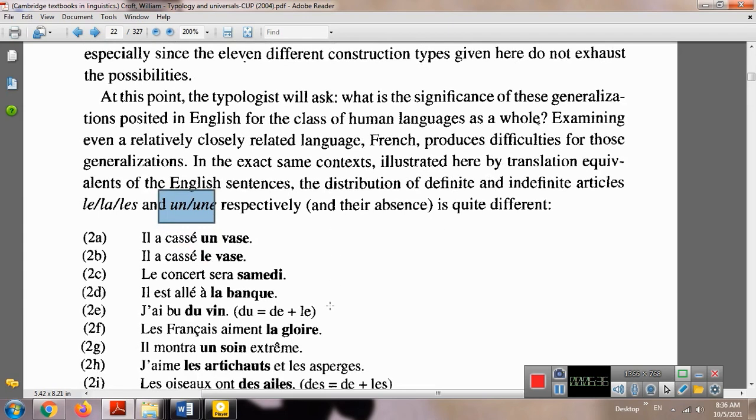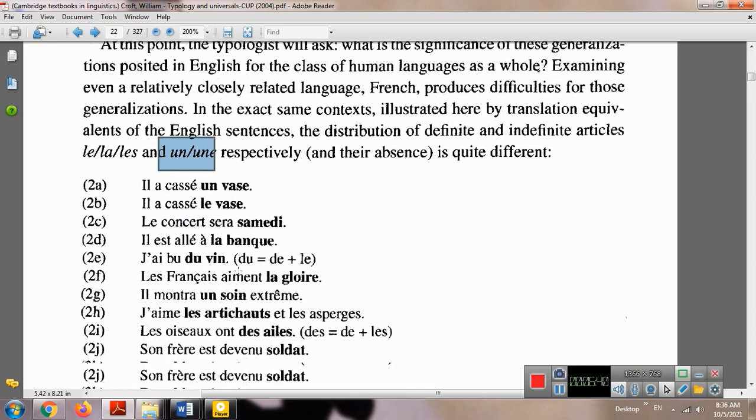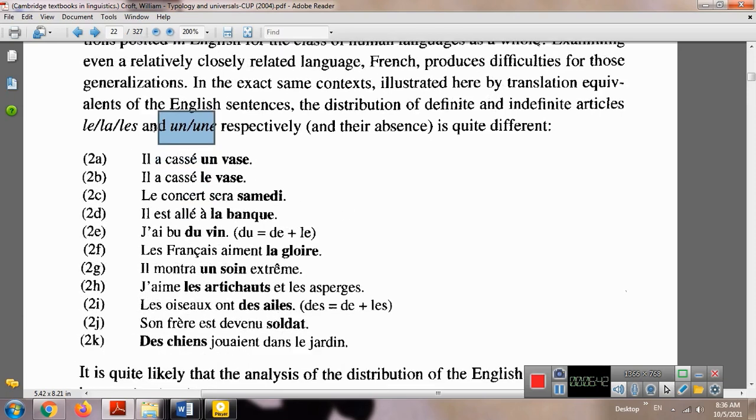Okay, here we can see exactly the example of English, and here we have their translation in French. For example, I just read some of them. Il a cassé un vase. Un vase is equivalent to a vase. Il a cassé le vase.